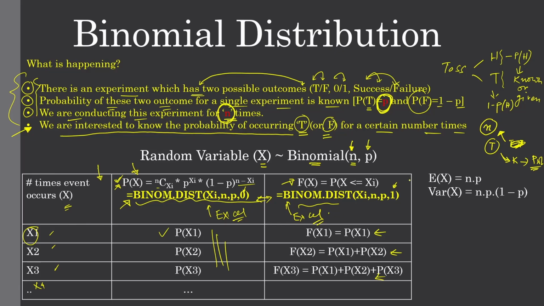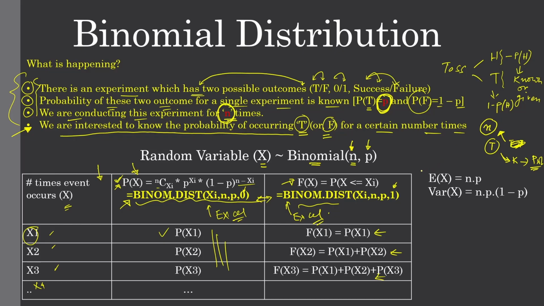This is the only difference. When you use 1 in the last argument, it gives you the cumulative distribution function value, and if you use 0, then it gives you the PMF, that means probability mass function value.